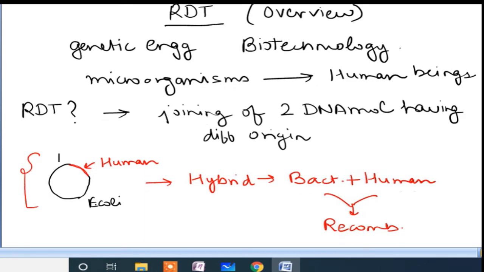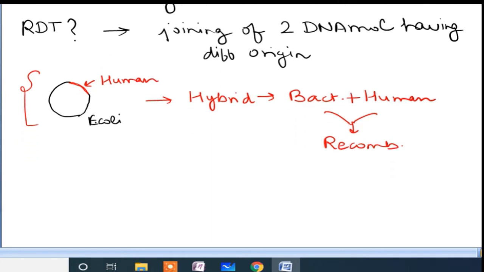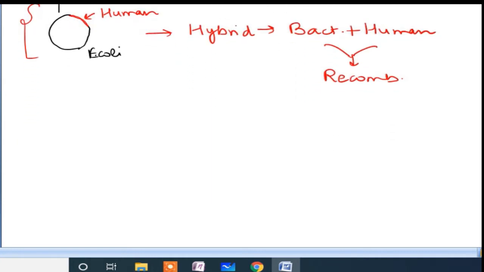It is a combination of DNA molecules from two different origins. So this was about what recombinant means. Let us understand this better with an example. Do you know how insulin for human beings is made?